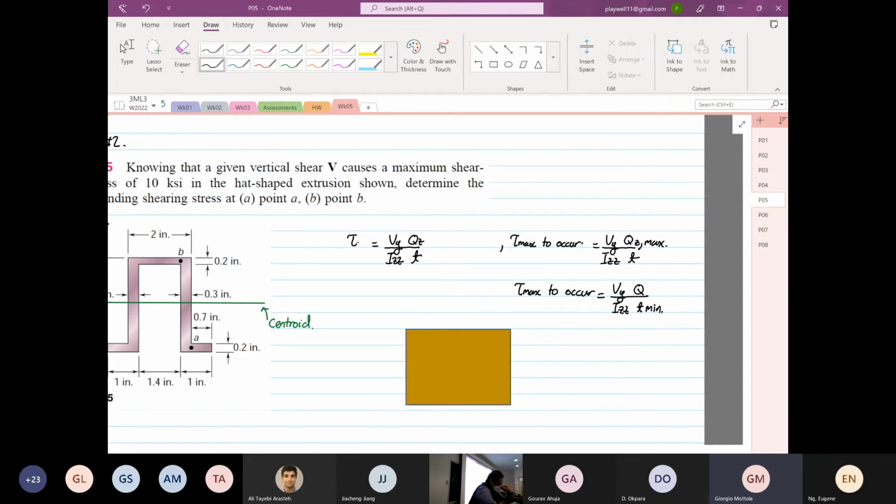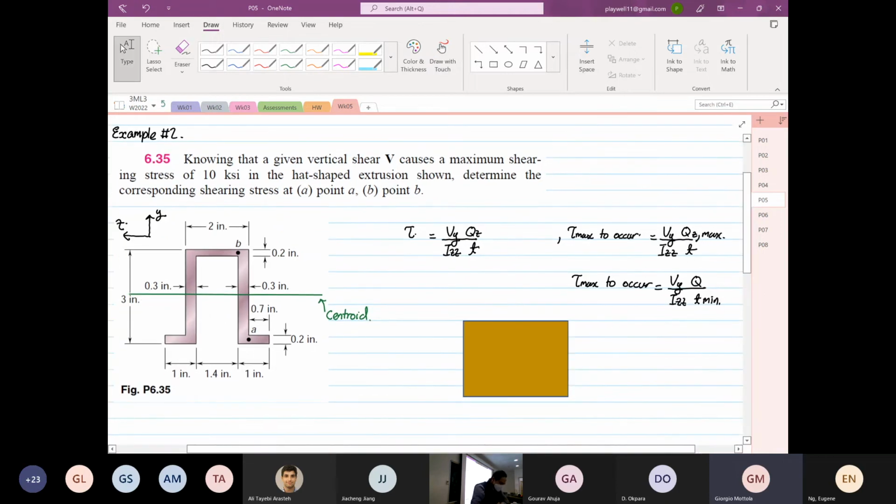Now coming back to our question down here. Why I picked this question? Because this question is a combination of box beam and wide flange analysis.